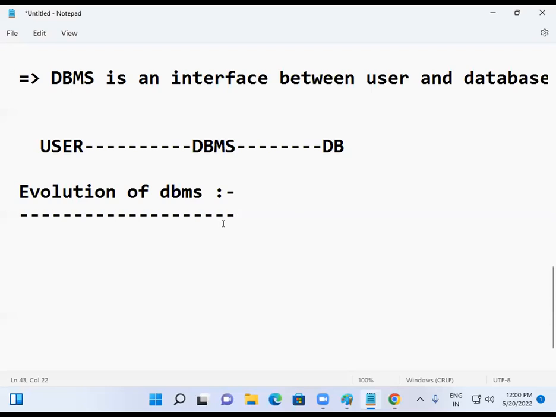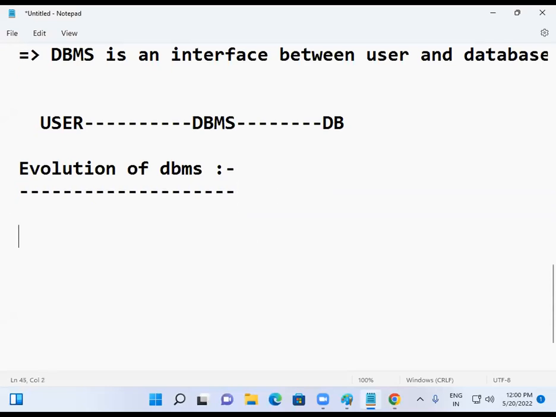What is the step-by-step development of DBMS? In the very beginning, when computers were introduced into business, which systems were used for storing the data? In the 1960s, companies used FMS.